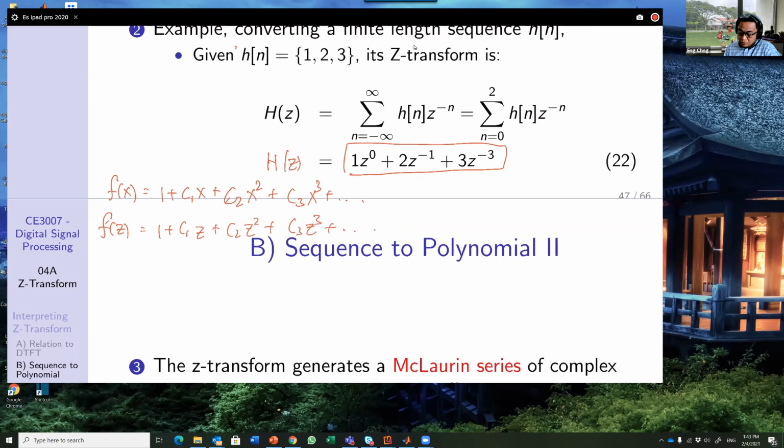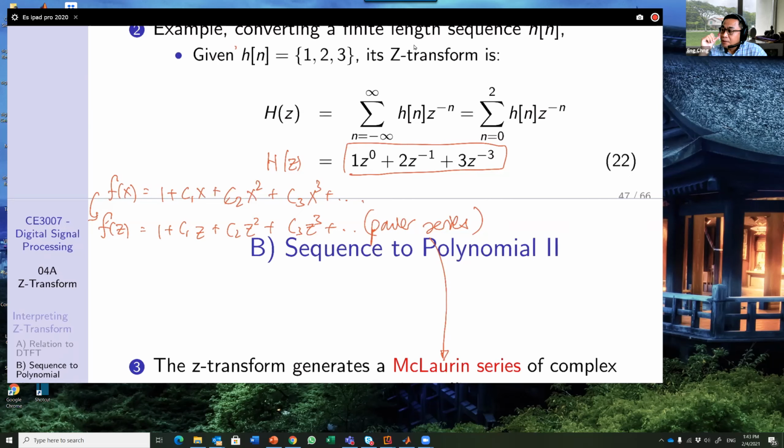Okay, so if you now look at this pattern, then you say that h of z is what we also know as a power series. And in fact, it's a very special power series. It is a Maclaurin series.